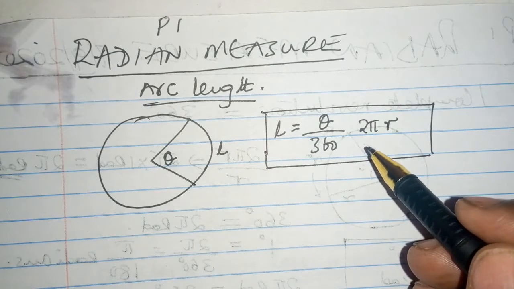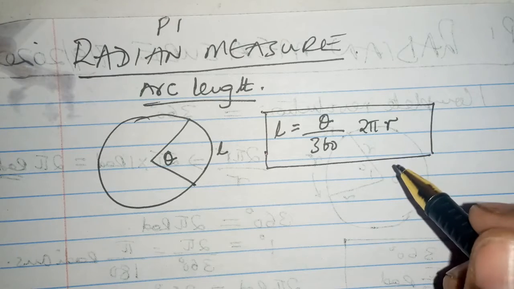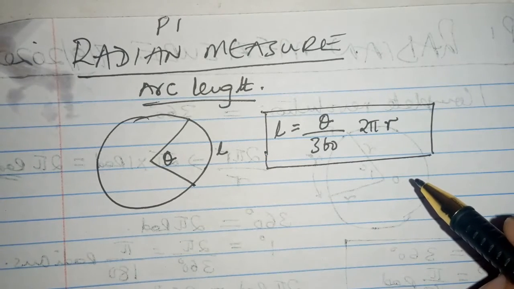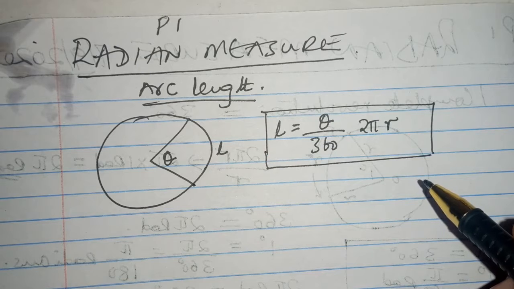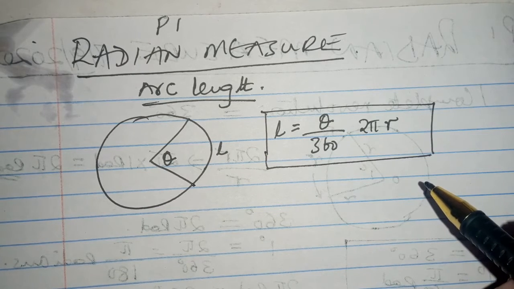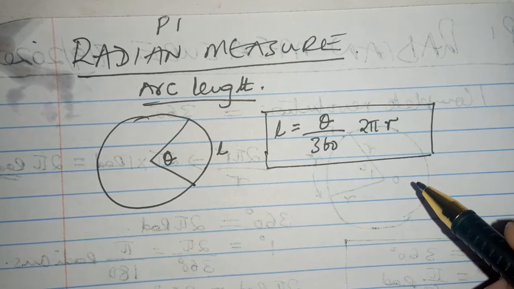But the length of an arc using the radian measure is explained in example 3. Before we go to example 3, let's talk about page 135.